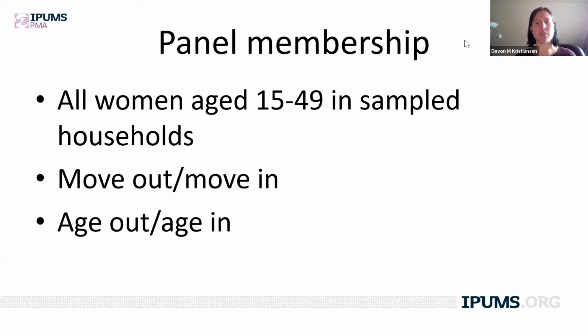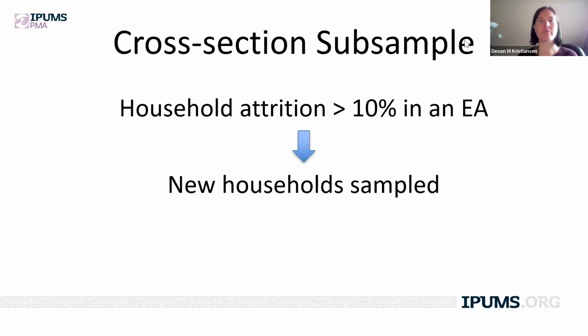The same applies if a woman leaves a household that's sampled or moves into a sampled household. So a woman could also enter the panel if their household was selected to be part of the cross-sectional sample due to a high attrition in their geographic area. And a high level of attrition would be 10% of sampled households in that area.